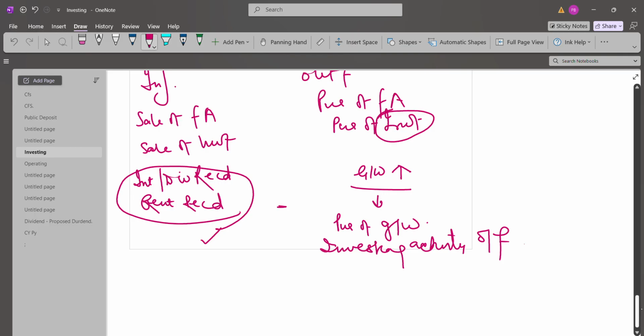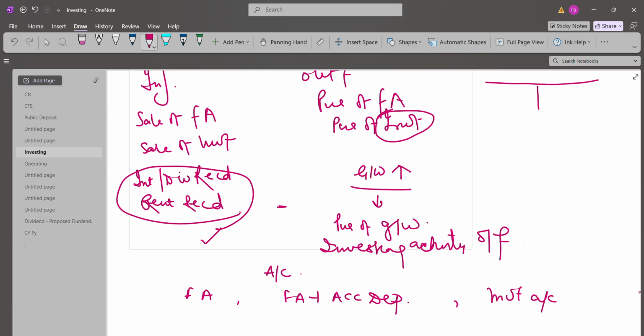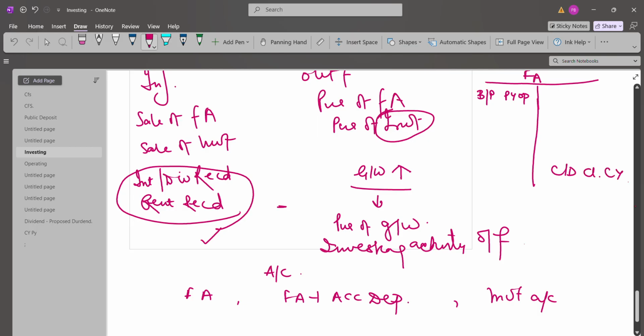So let's quickly look at all that we have done. We can be asked to prepare an account of either fixed asset, or fixed asset plus accumulated depreciation, or it could be an investment account. Let's look at the format. If it is only one account, the fixed asset account, brought down, which is your previous year or opening balance, comes here, carried down, the closing balance, comes here, the current year amount.